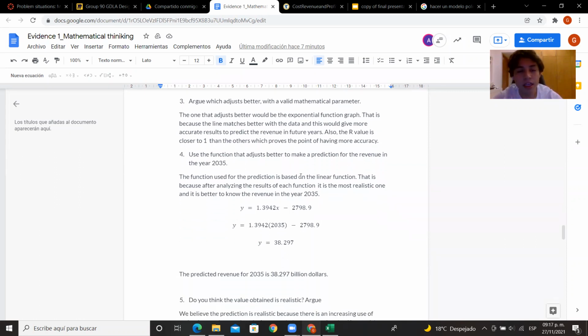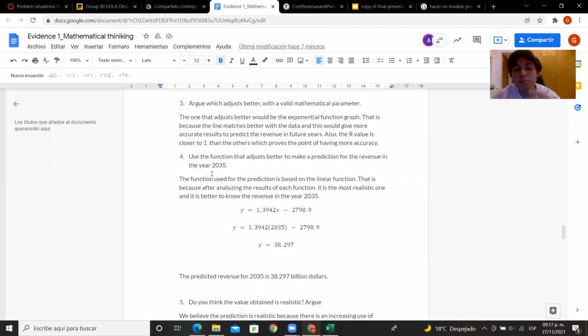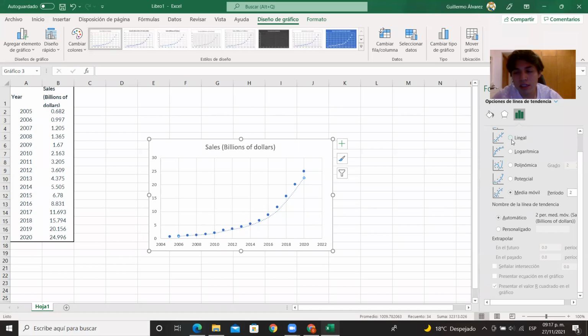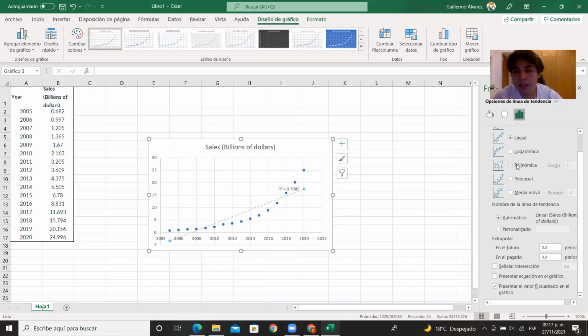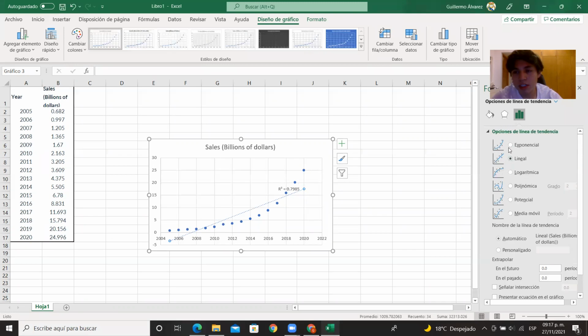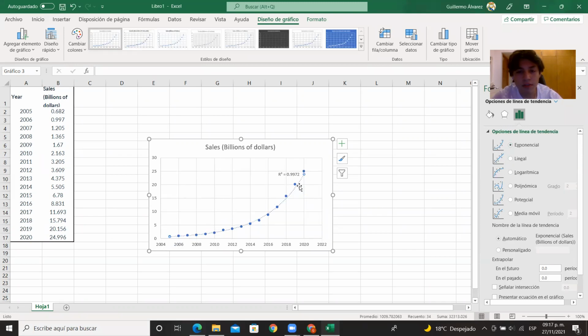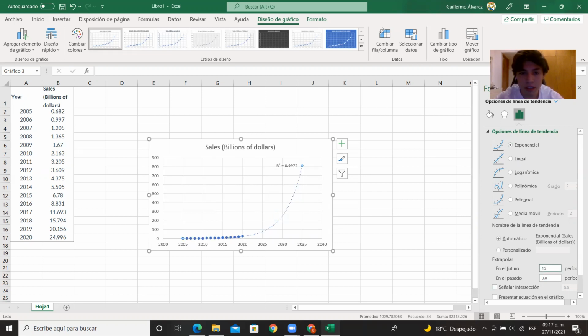In order to make a prediction for the revenue in the year 2035, as I said before, the best one is exponential, but the most realistic one that we think there is, is the linear function. As you can see here, in exponential, here is the end of 2020, and in the future we put 15 periods.